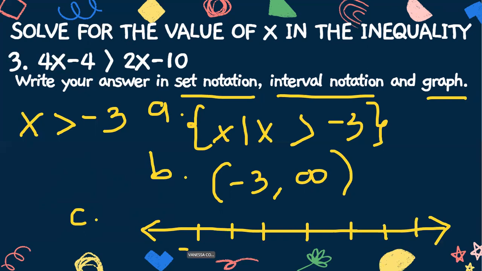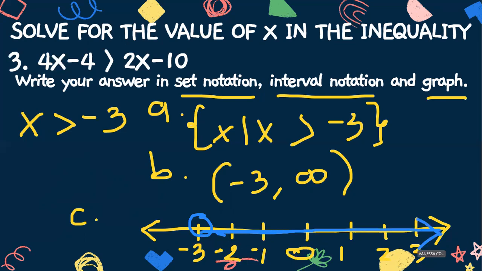Negative 3 means we use a parenthesis, so our graph is open, and then it goes to the right, since greater than is our given. Alright? So that is solving for the value of x in the inequality.